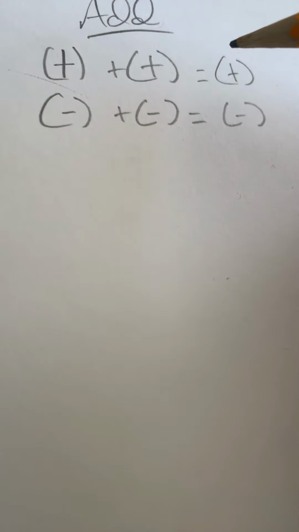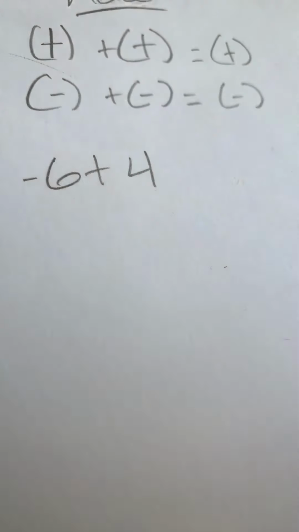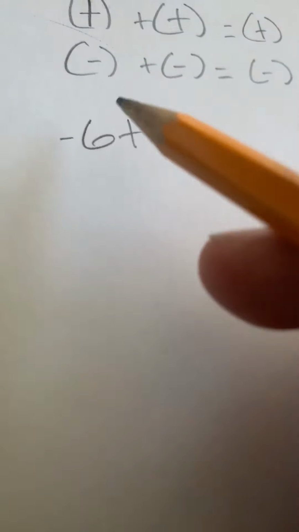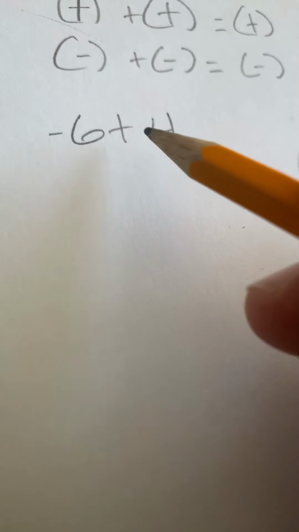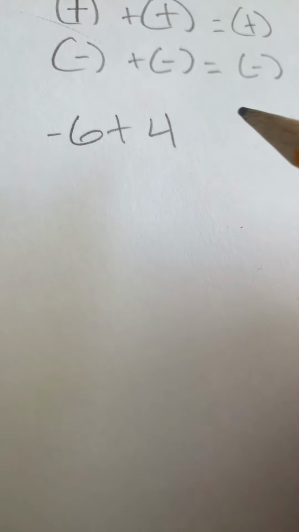If the signs are not the same, so let's say I want to add together -6 and +4, these signs are not the same. So if the signs are not the same when we're adding, we're actually going to subtract.